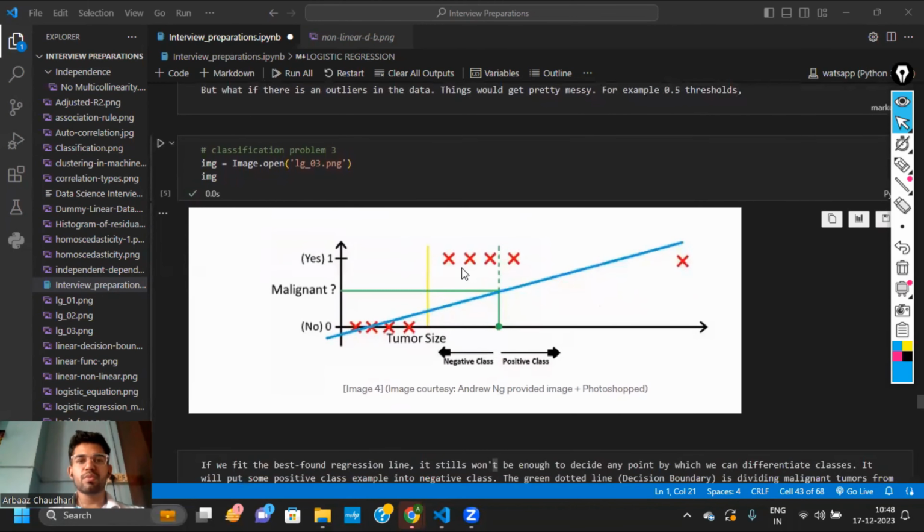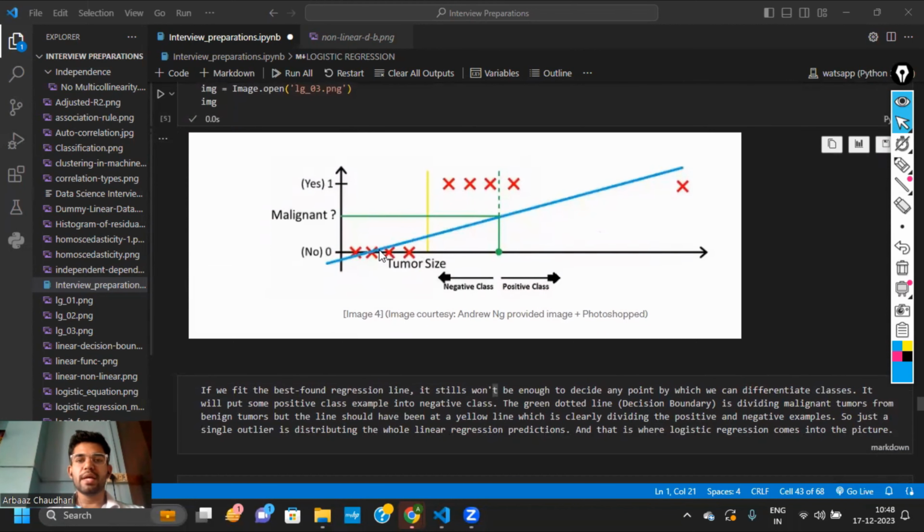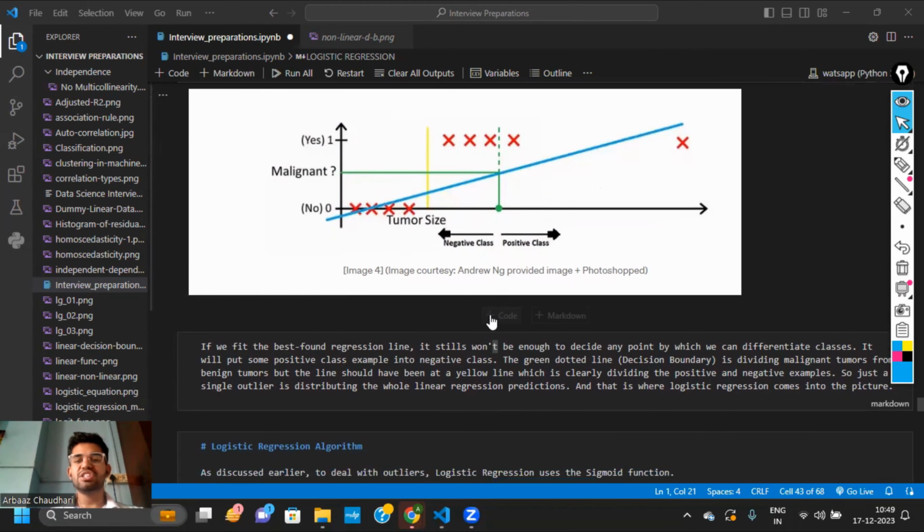But here it is showing that if we fit the best fit regression line, this blue line, it still won't be enough to decide a point by which we can differentiate the classes. It will put some positive class examples into the negative class. As you can see, these data points are classified properly as negative.